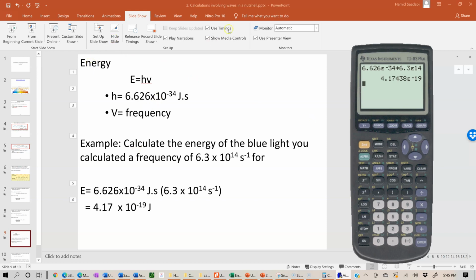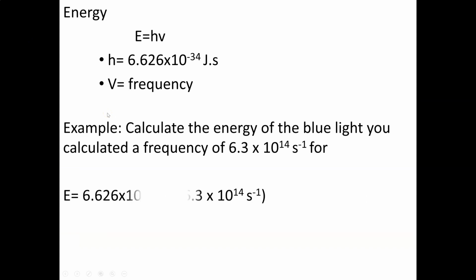Now, for those that are uncomfortable with doing everything in your calculator, you could also do it another way. Watch, I could do 6.626 times 6.3. I get 41.74. So let me put it down here. 41.74, and then you add the exponents, right?